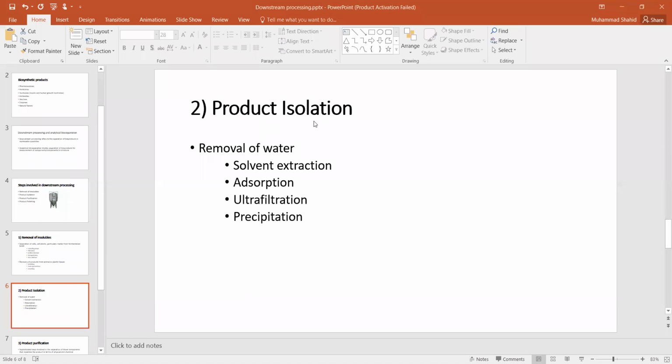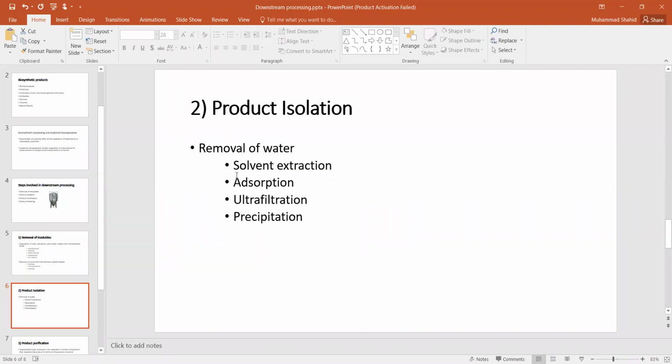So for the removal of our desired product from the liquid, we have to remove the water, because water is a molecule that could change the physical and chemical properties of the desired product. So after the removal of the debris, our first aim is to remove the water from the mixture.